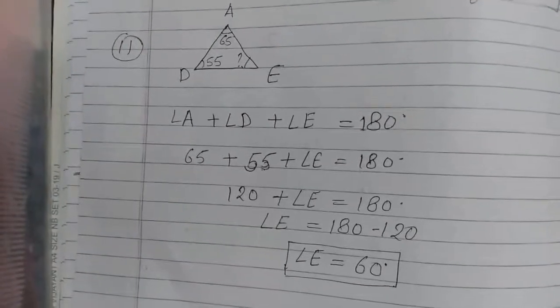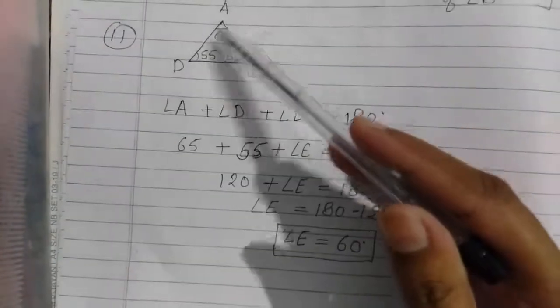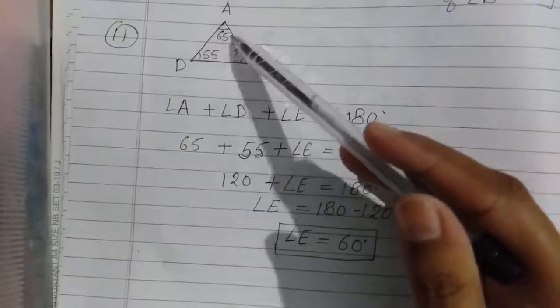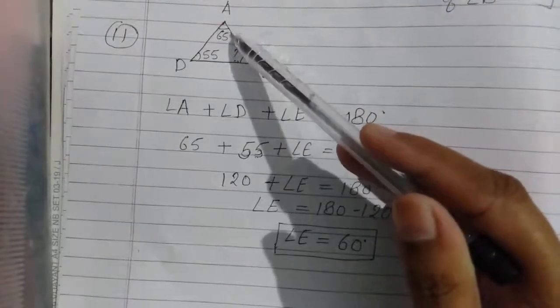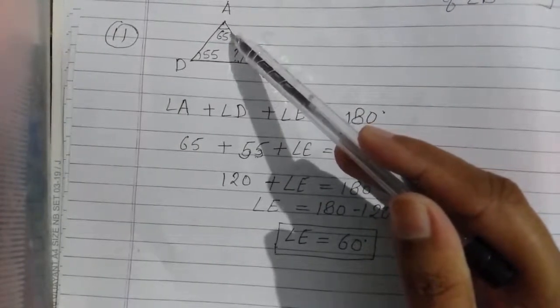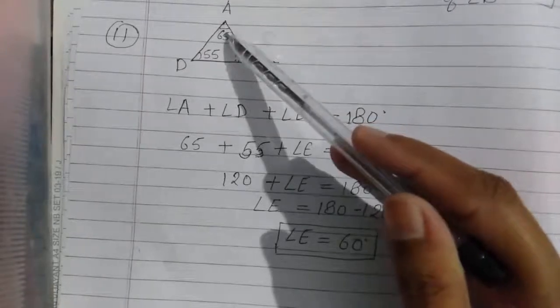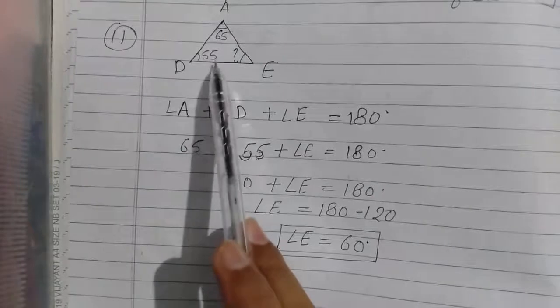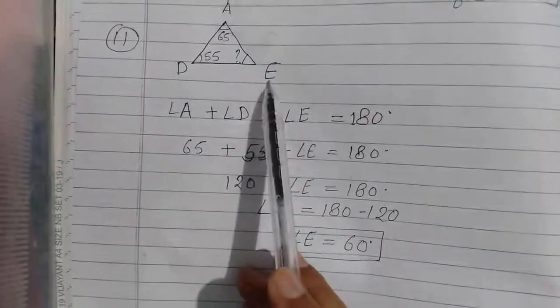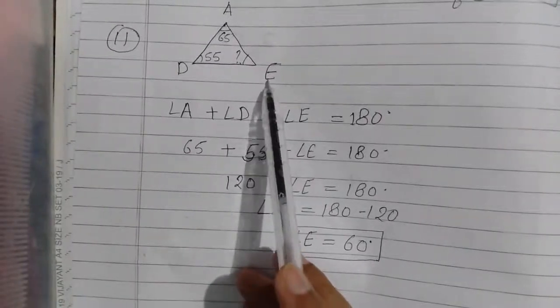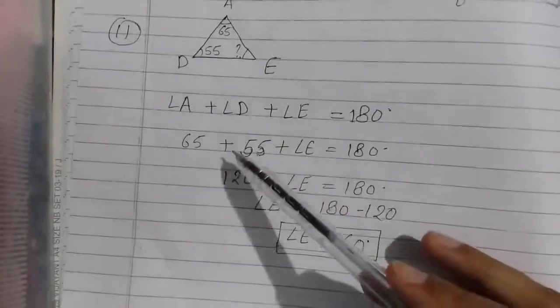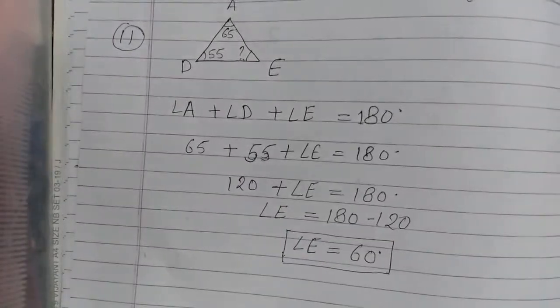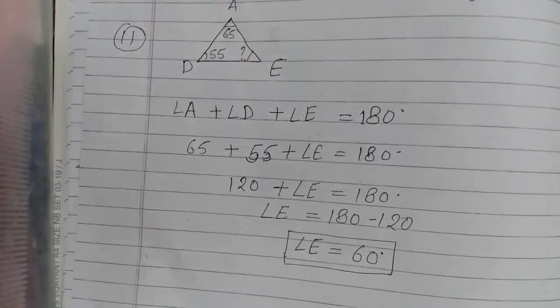Now see, this is ADE. Angle A is already given as 65, and in the first part we found D is equal to 55, and now we have to find angle E. We know the property that angle A plus angle D plus angle E is equal to 180 degrees.